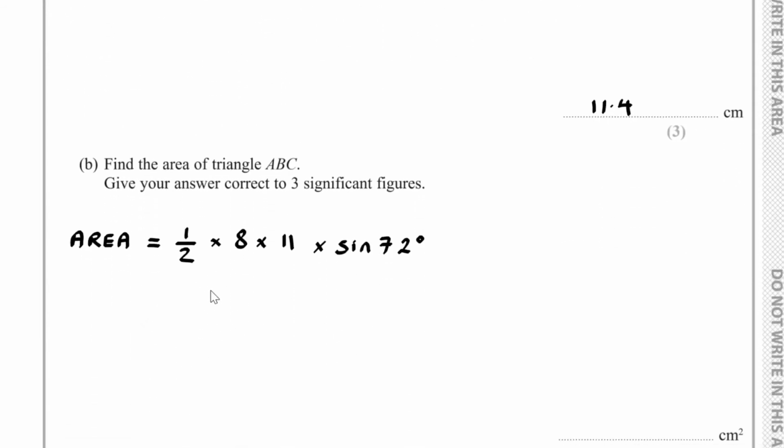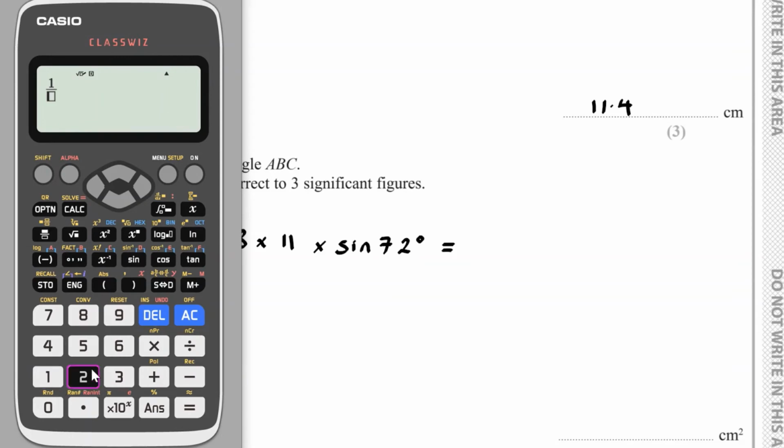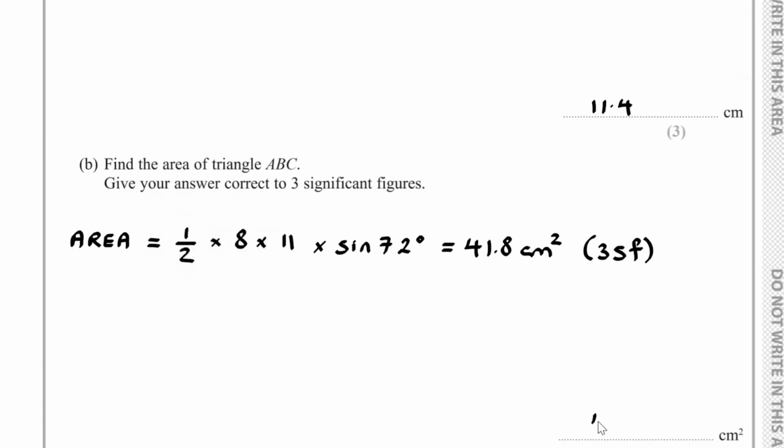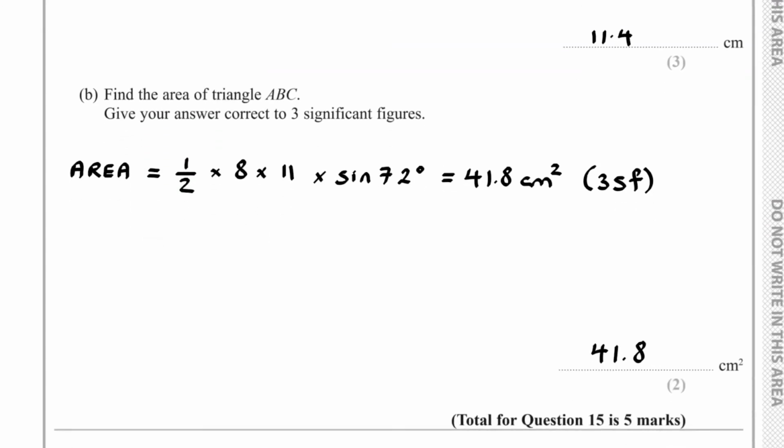So if I work out the area of the triangle, 1/2 times 8 times 11 times the sine of 72 degrees is 41.8 centimeters squared, given to 3 significant figures.